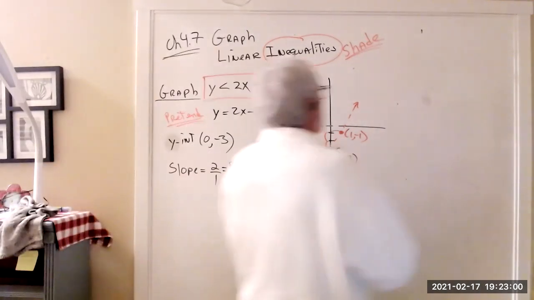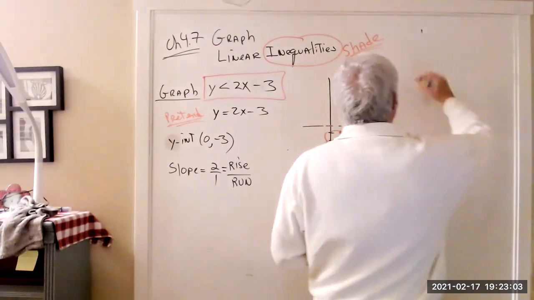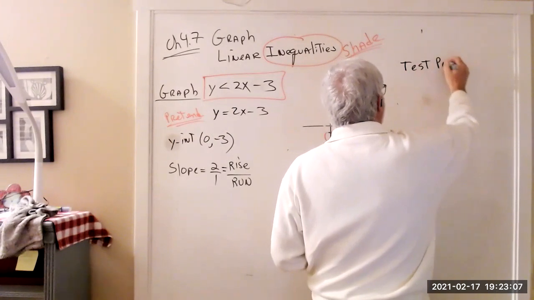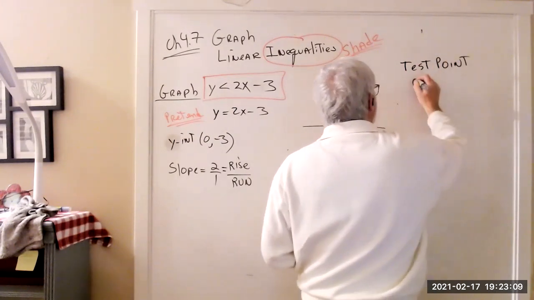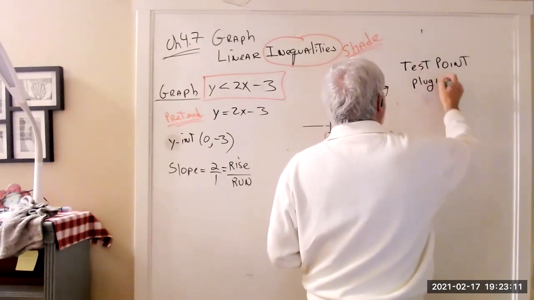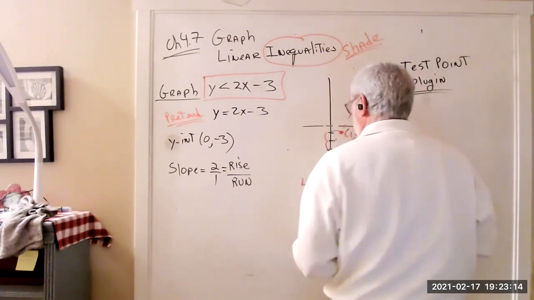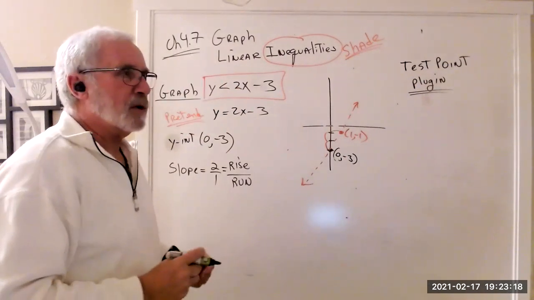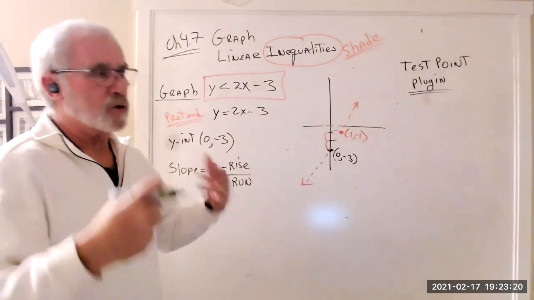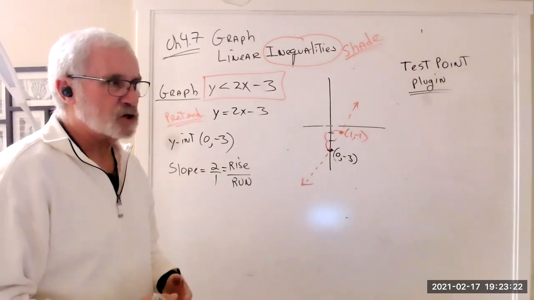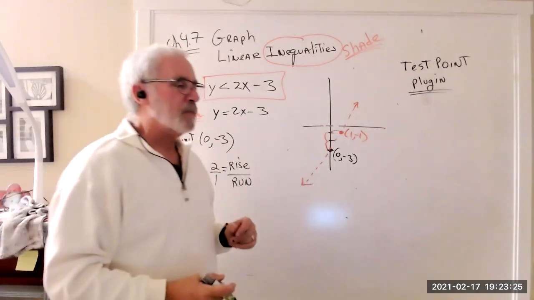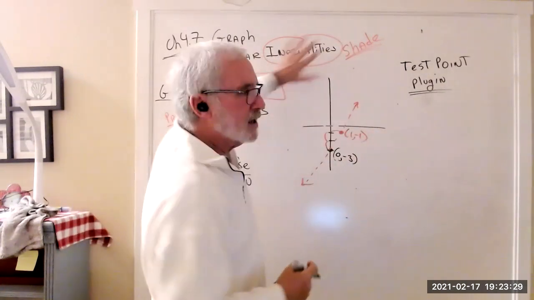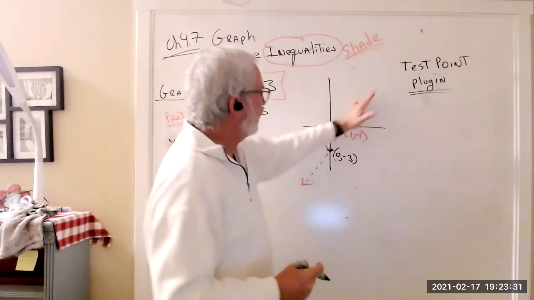Shade. The traditionally correct way to shade is to pick what's called a test point and plug it in. Now, what test point do I pick? Keep in mind, you're going to be the future mathematicians and you're lazy. You want to pick any point in the whole plane that's not on this line.